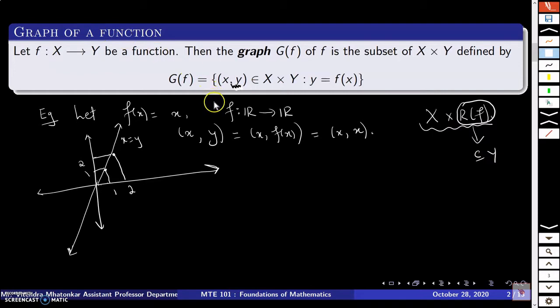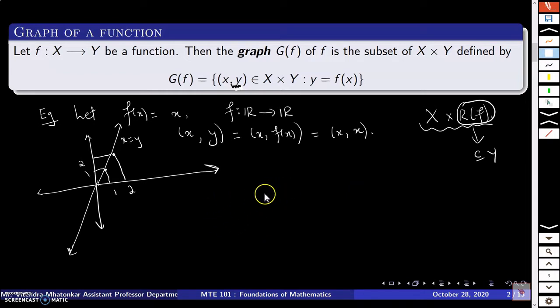Now the second question is, if I give you any subset of the Cartesian product x cross y, then will that represent a function? That is the question. Will that subset be a graph of some function?